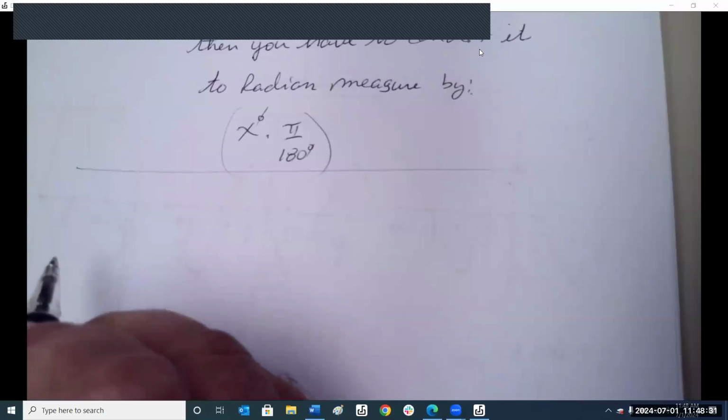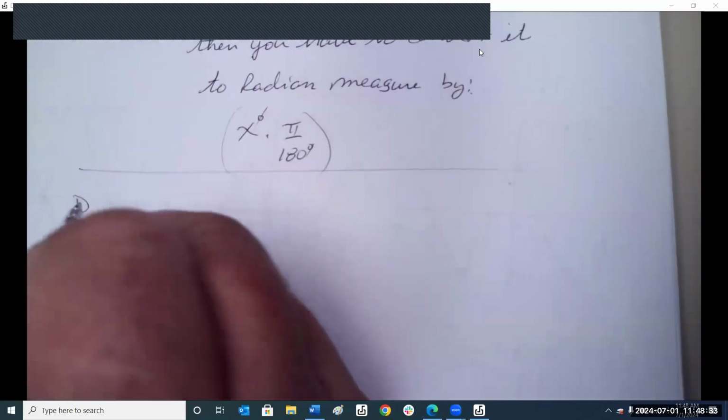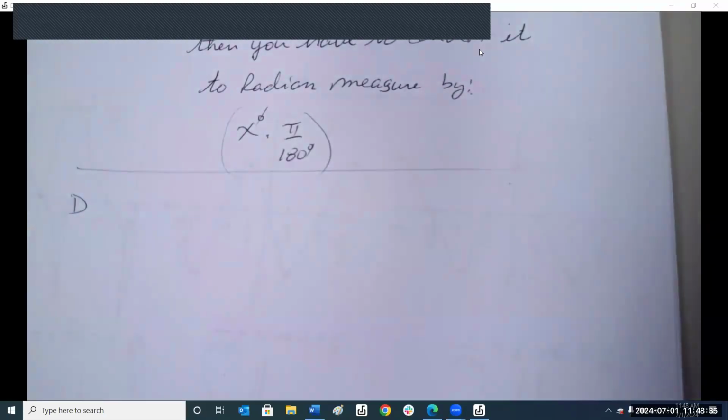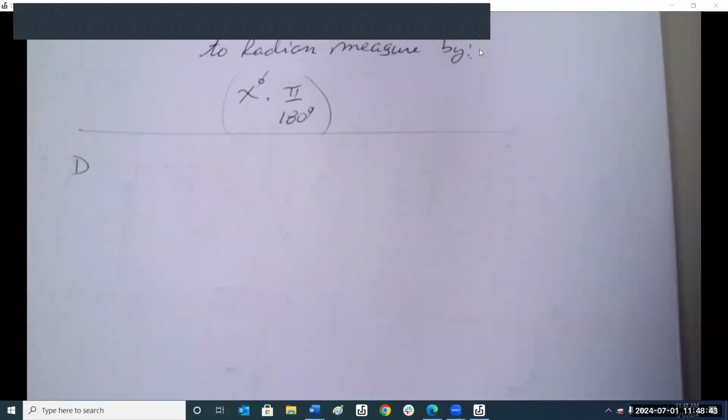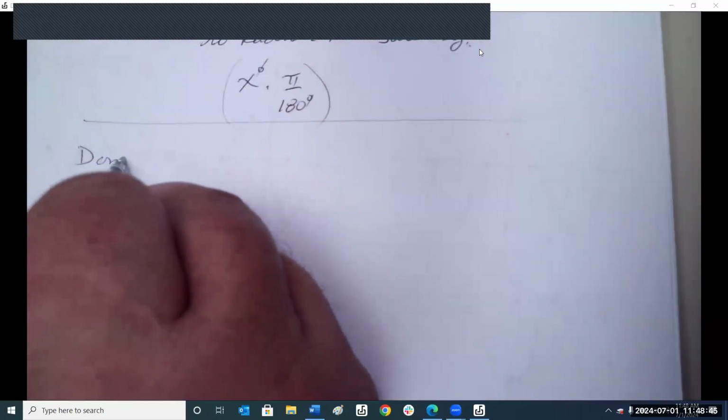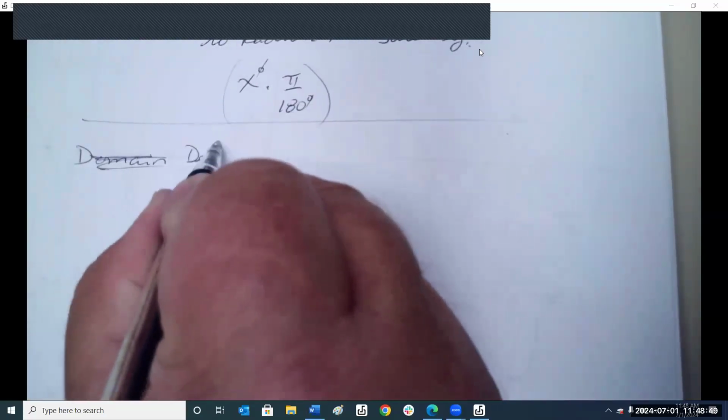On the sheets I gave you last week, let's define these things. We're only going to look at the tangent, cotangent, secant, cosecant, because sine and cosine are relatively easy. Not domain, definition.